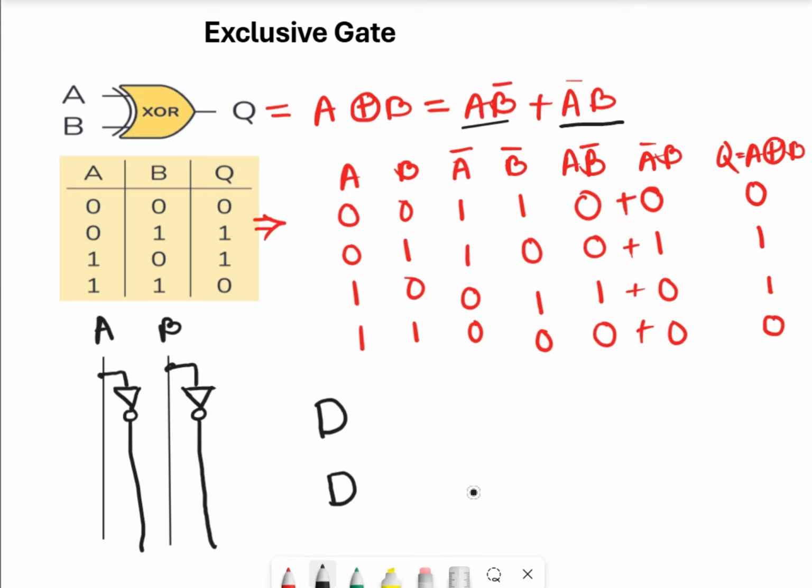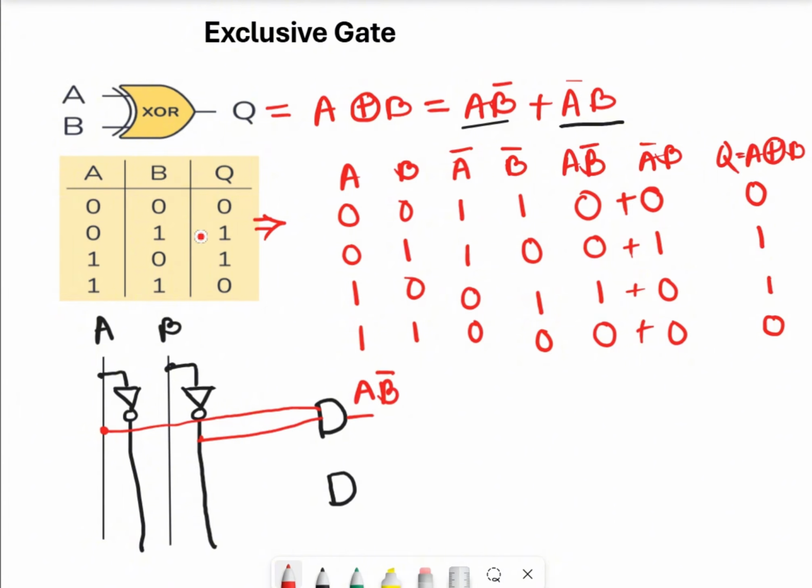One is directly from A. Let's change the color to emphasize the connection. So this is A and this is B. So the output from this AND gate is A B bar.